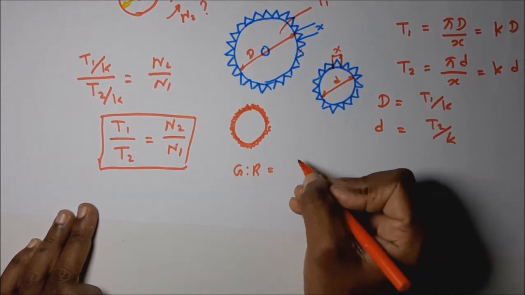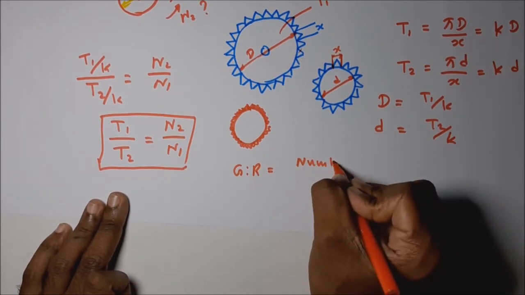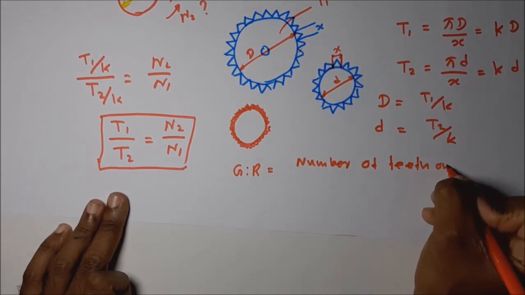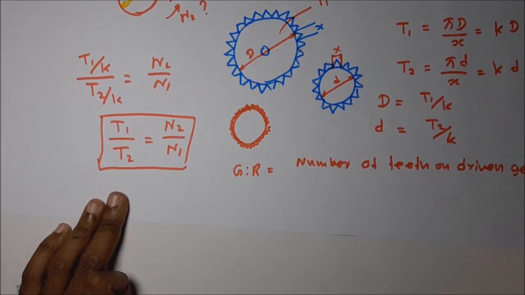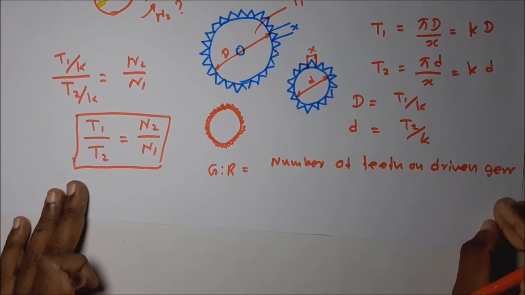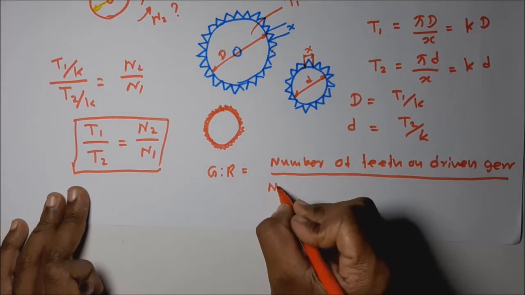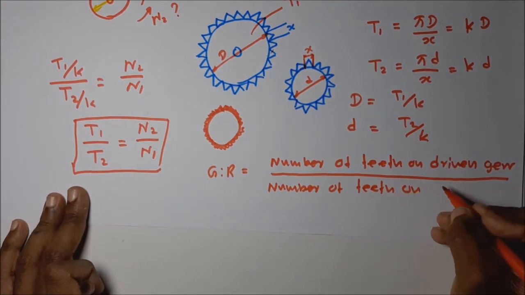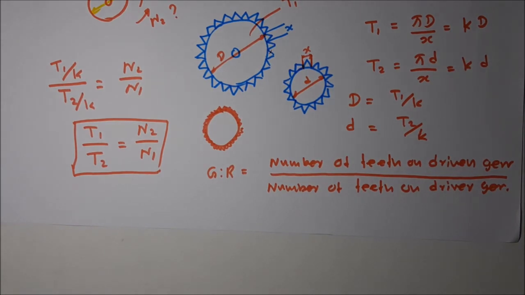Gear ratio is equal to the number of teeth on the driven gear divided by the number of teeth on the driver gear. This is the gear ratio defined for the meshing gear wheels, two gear wheels.